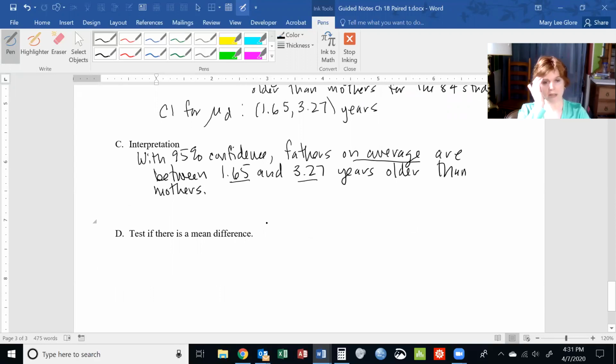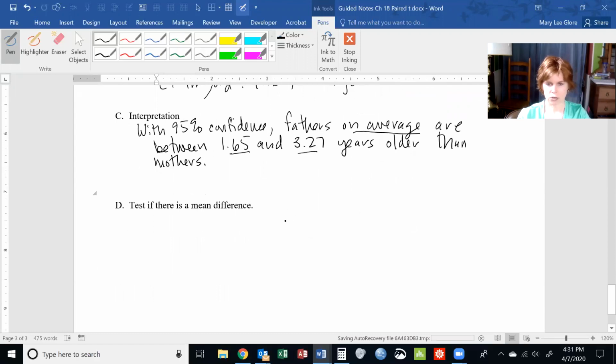All right, so based on this confidence interval, does that mean that we have strong evidence that one parent is older than the other on average?